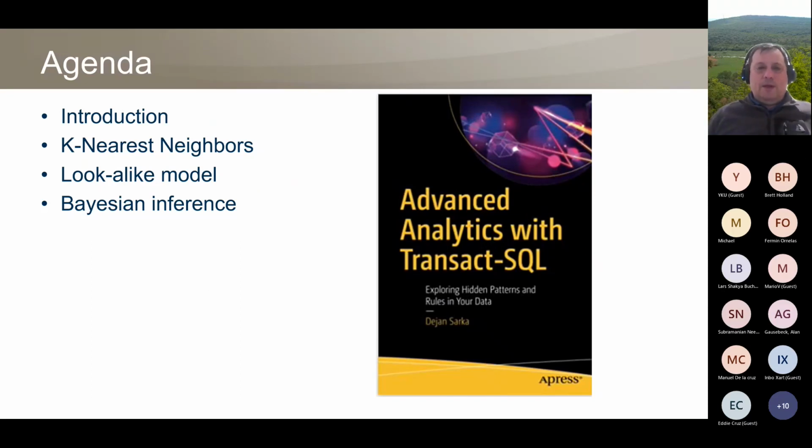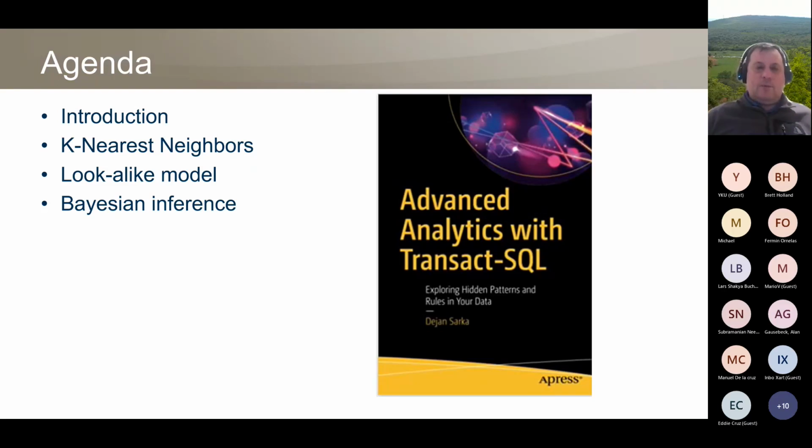So what I will talk about is I will do a short introduction. Why would you use Transact SQL for things that usually are solved with Azure machine learning, Python, R, and what can you do in Transact SQL?